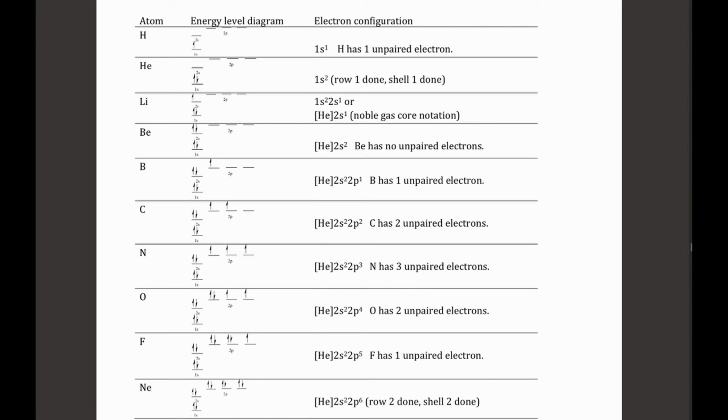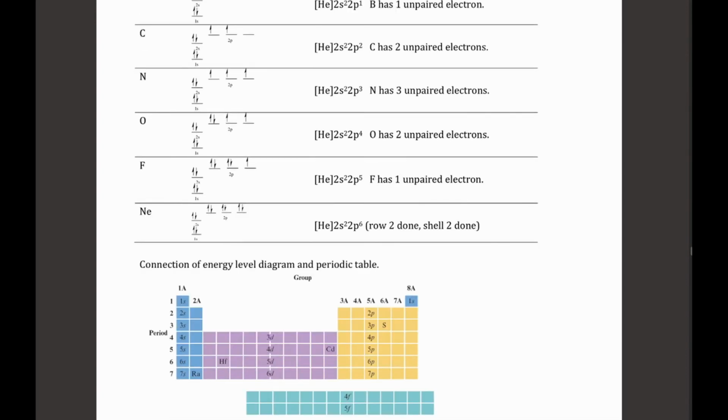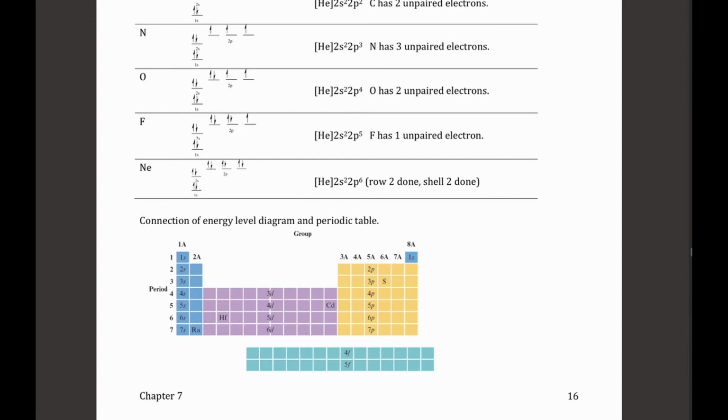Notice that neon completes row 2. Also, it completes the n equals 2 shell. Once again, that connection between shell and row. In our diagram of the periodic table, we will see that the 1A, 2A elements all have their last electrons in the s atomic orbital that corresponds to their row, or period.